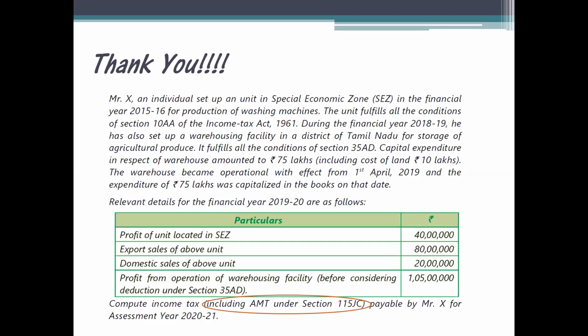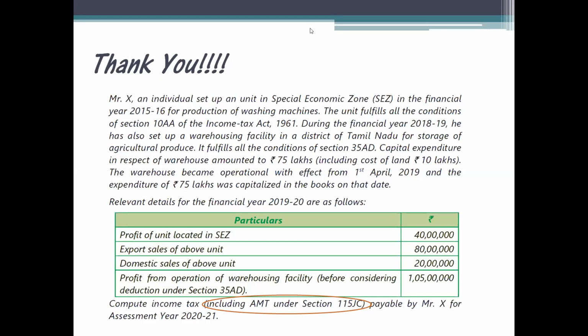So how are we going to move forward? I guess all are aware of 35AD deductions: capital expenditure, even pre-setting up expenditure, is available. Specified business only is eligible. However, any cost spent on land is not available. That is why they have given a specific amount within brackets, including cost of land, of 10 lakhs.